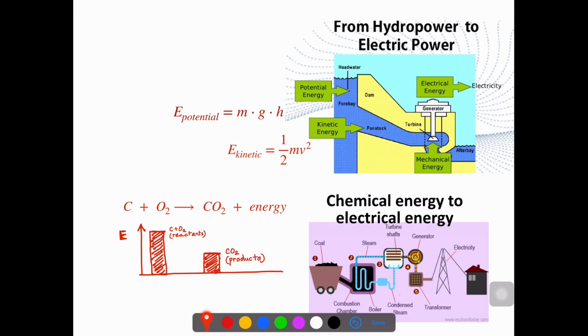So when carbon plus oxygen react to produce CO2, since CO2 has less energy, carbon plus oxygen has to get rid of some energy. The excess energy will come out in the form of either heat or work. That's how this excess energy is released. It is released because products have lower energy than reactants.